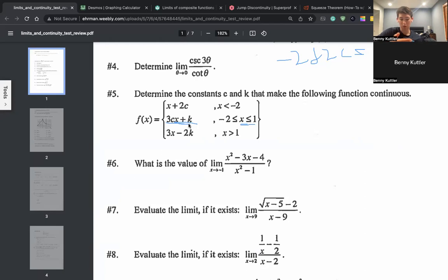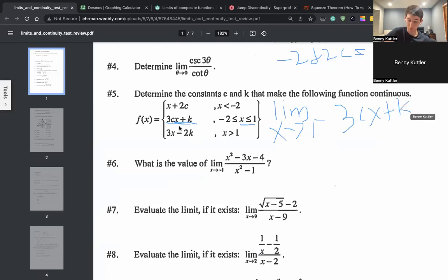So we want to set the limits equal to each other. So the limit as x approaches 1 from the left just means that we're using this function of 3cx plus k. And now if we plug in 1 for x, we get that equals 3c plus k.